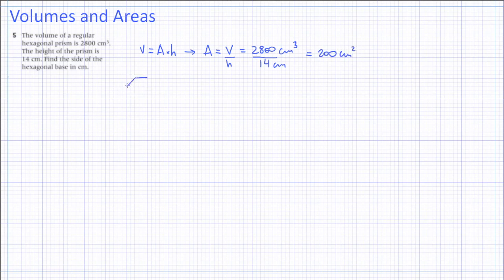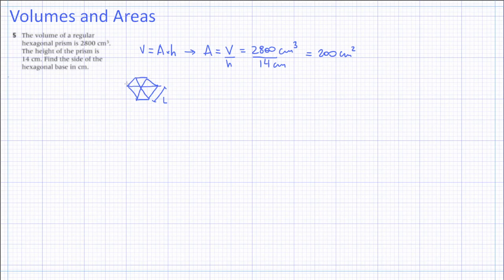Alright, so let's think about this. So we've got a hexagon. It's a regular hexagon, so all the sides are the same. If you remember, we've done this before. The hexagon we can split into 6 equilateral triangles, and well, we only actually need one length, right, which is one of the sides, because all of the other lengths here, they will be the same.